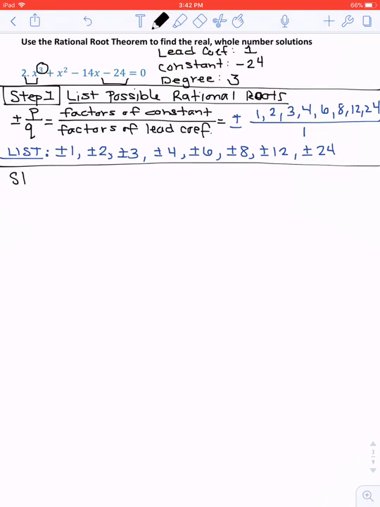Step 2, what do we need to do with that list? We need to test them. What are we going to test them with? Synthetic division. So test with synthetic division.